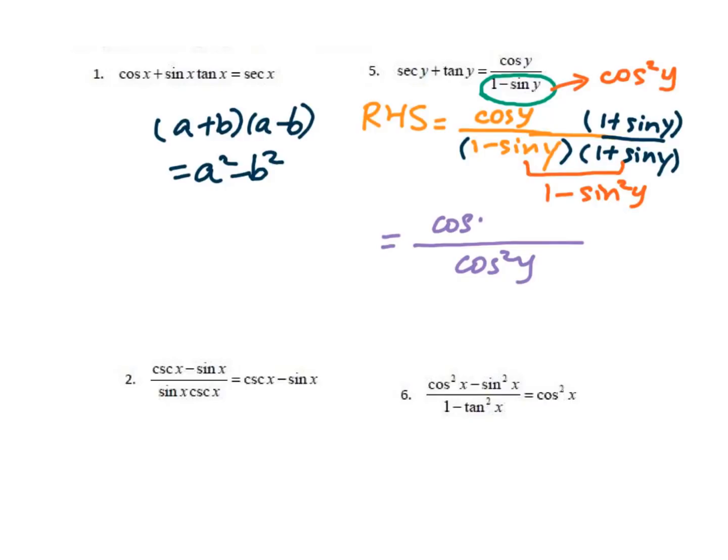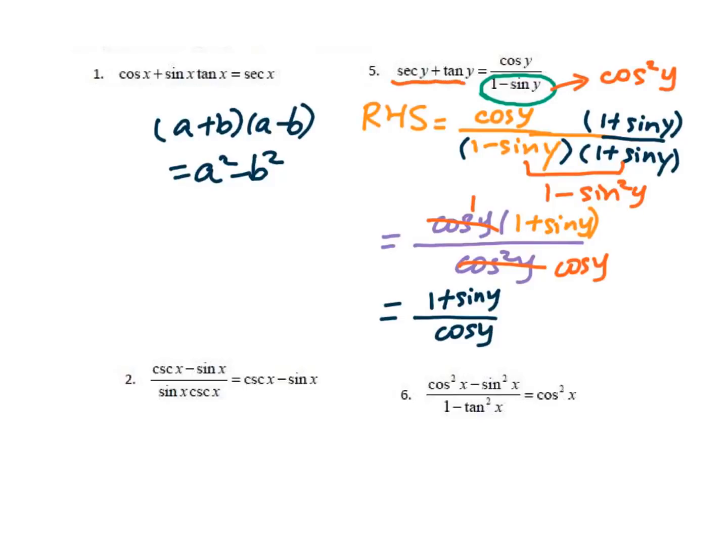Top will be cosine y times 1 plus sine y. Then reduce. We got cosine y. Therefore, we got the 1 plus sine y over cosine y.